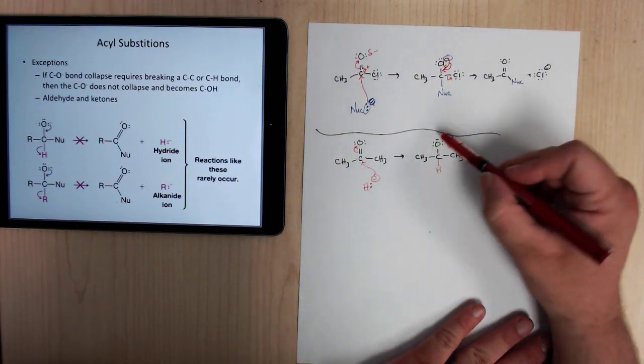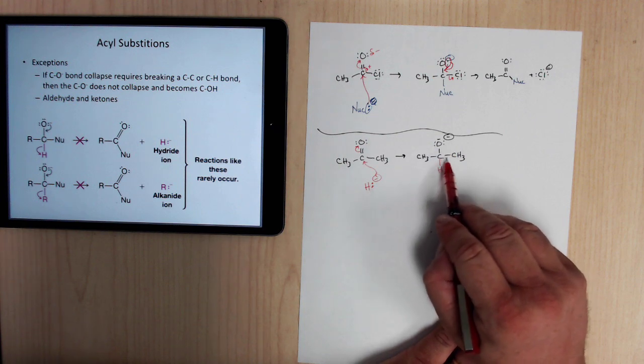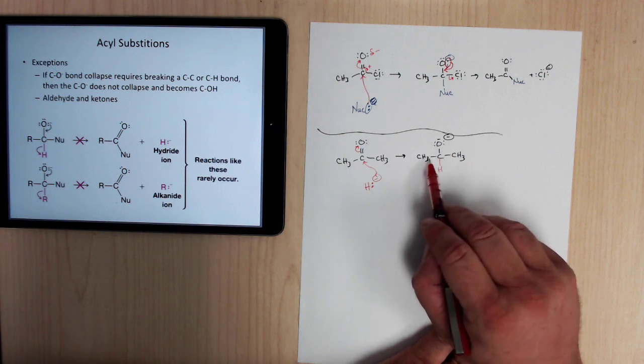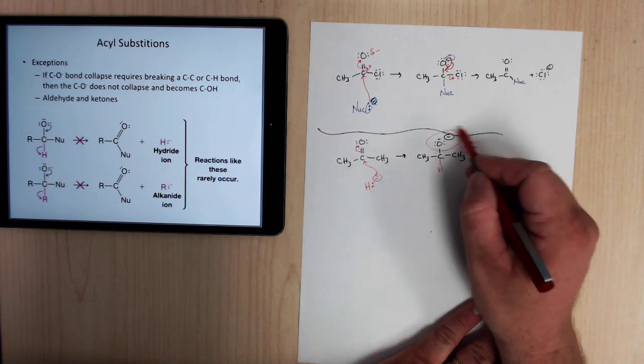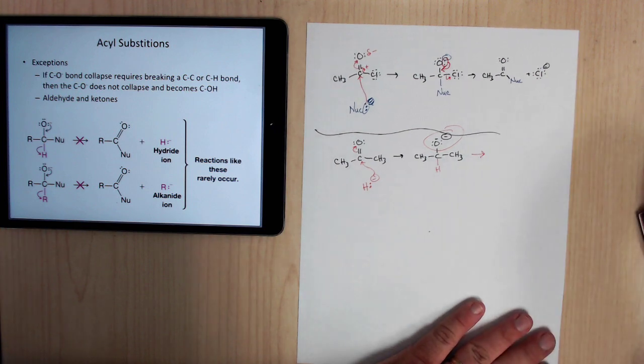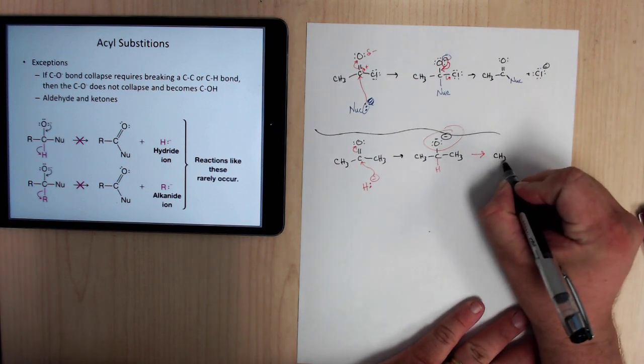But the problem is, if this collapses down, it's not going to break a carbon-carbon bond, nor this carbon-carbon bond, and it's not going to break this carbon-hydrogen bond, so it's stuck. So this ends up turning into an alcohol.